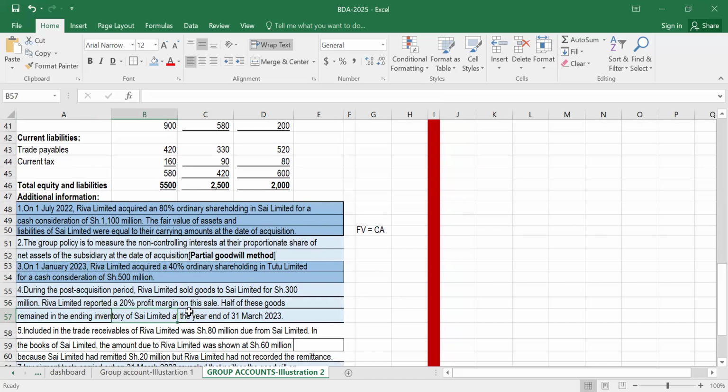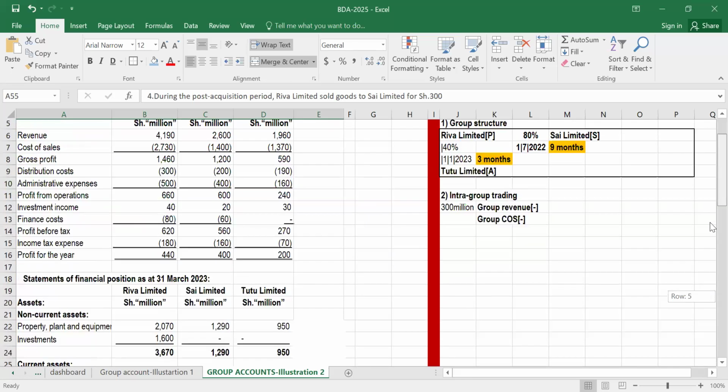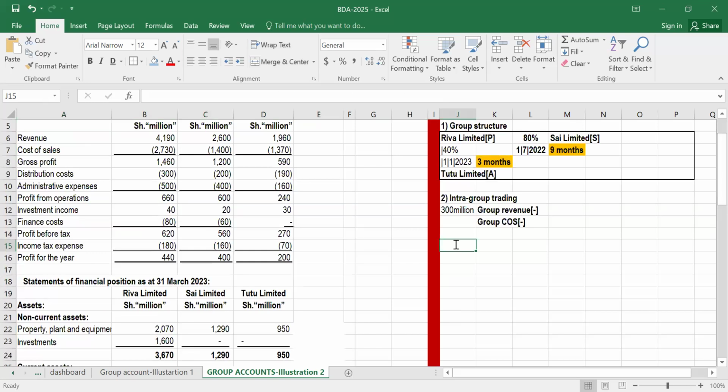Now, this is something we came across in the other question we did yesterday. Anytime we have sales between the parent and the subsidiary, and some of the goods remained unsold at the end of the year, automatically we have the component of unrealized profit. So what we need to do here is compute the unrealized profit, the URP, on inventory.